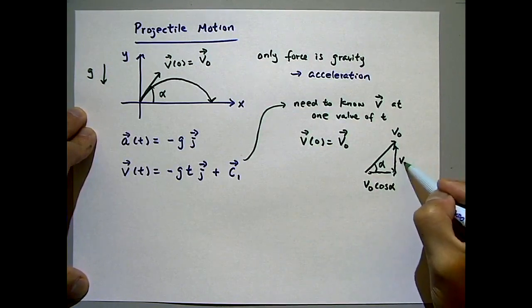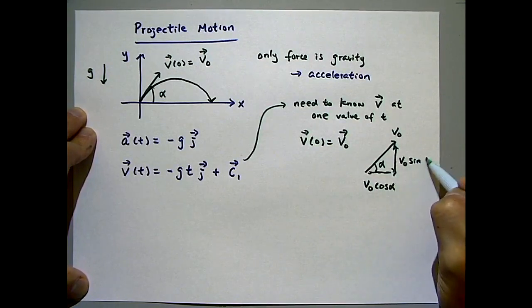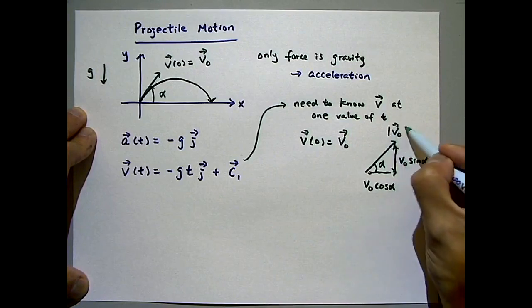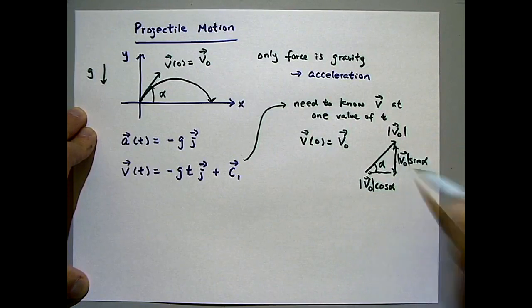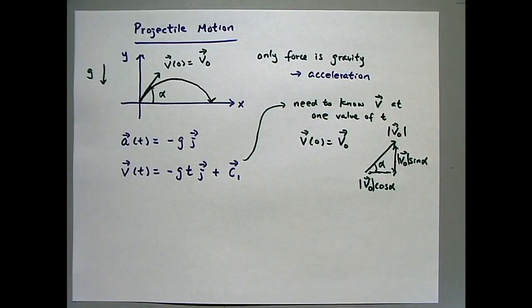And this is v sub 0 sine of alpha going up. You get this by just using your trig identities. Sine is opposite over hypotenuse, cosine is adjacent over hypotenuse, and so on.